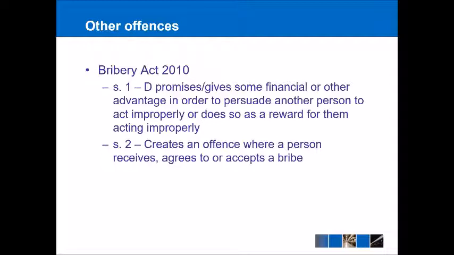Section 1, the giving of the bribe, is basically promising or giving some financial or other advantage. So it doesn't have to be money. It could again come to sort of like property. It could be something completely intangible, like a job offer, in order to persuade another person to act improperly, or they do so after the fact as a reward for them acting improperly. And section 2 is, as we said, receiving, also agreeing to accept a bribe as well.